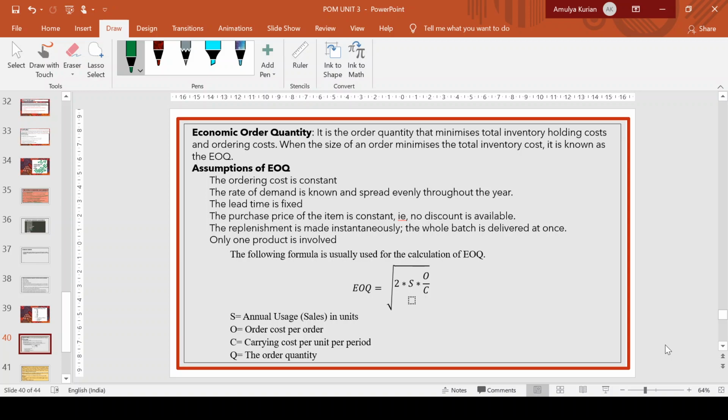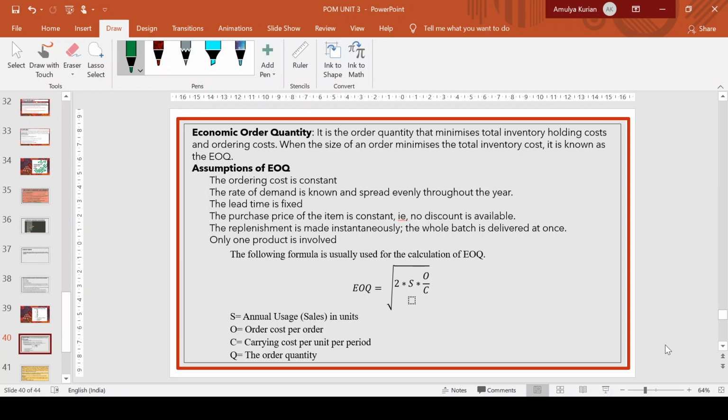It is EOQ equal to the square root of 2 into S into O by C, where S is the annual sales or annual usage, sales in units, O is order cost per order, and C is carrying cost per unit per period, and Q is the order quantity.